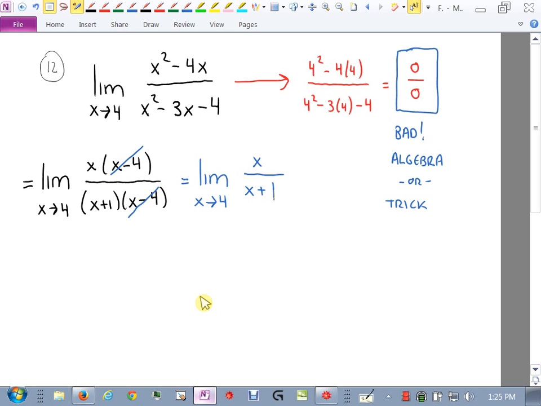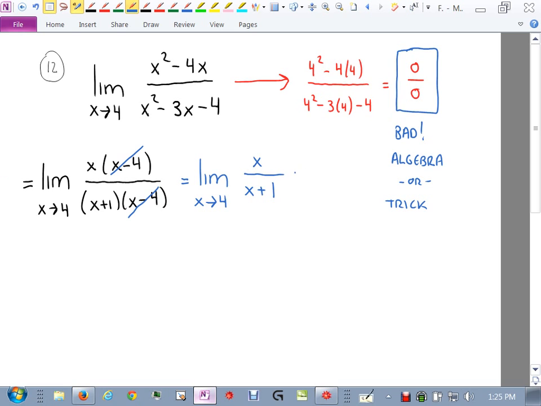Now, I'd like for you to let x get closer and closer to 4, closer and closer without actually being 4. So what does the top get really, really close to? 4, right? Because I'm just replacing this x with 4. Well, something really close to 4.